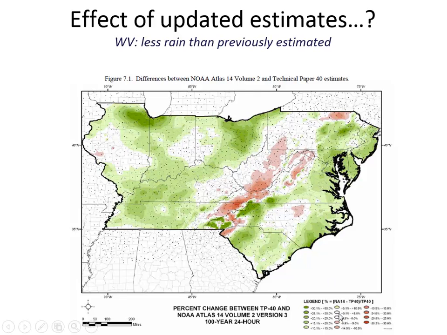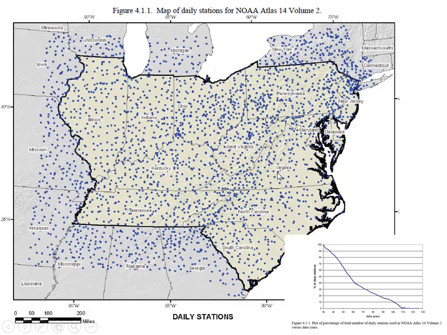And so the red zones here, you can see that NOAA Atlas 14 is saying that there's less precipitation than there was with TP 40. So if NOAA Atlas 14 is greater, then you'd have in the green range here. So in northeastern Ohio, they're having more precipitation than was originally anticipated. And much in West Virginia, there's less than originally thought.